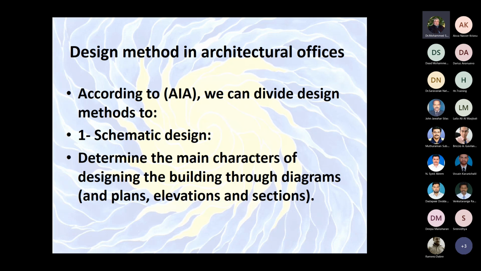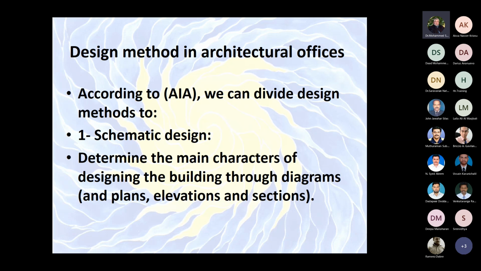Now we can define the design methods in architectural offices. This is in the offices, companies or bureaus, which will be different from what is done in the schools. According to the American Institute of Architects, we can divide design methods into, first, schematic design.